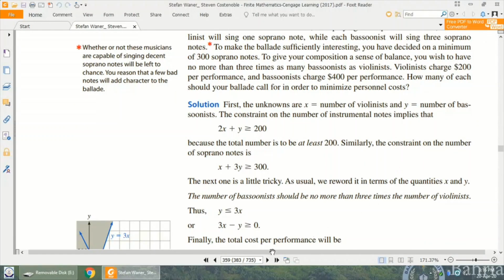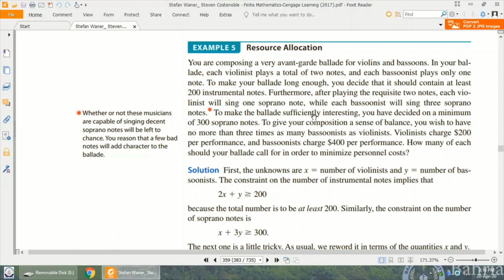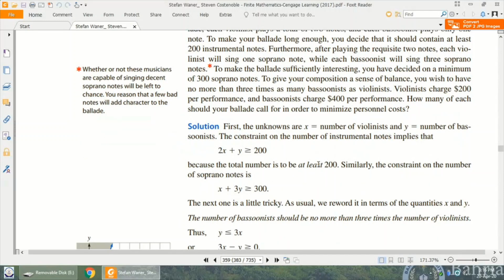If you see this equation, as I told you, it is no more than. That automatically means that this is an inequality of less than, with one variable expressed in terms of the other. So we have 3 times as many bassoonists, where y is the number of bassoonists, in terms of violinists.